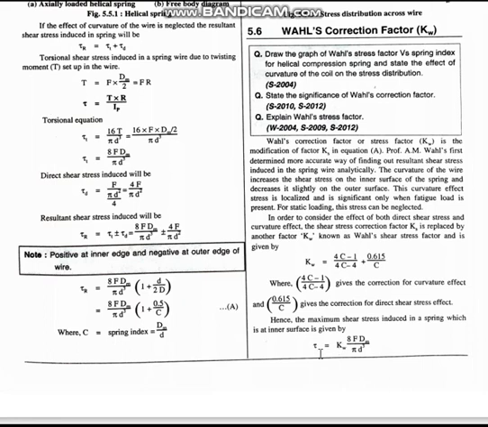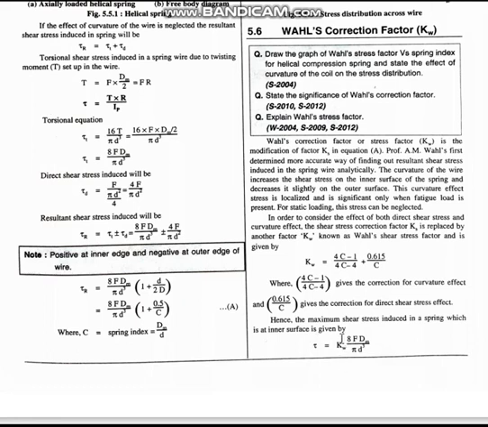Otherwise, finally what you have to remember is this formula and this formula and this formula, because for finding out Kw you have to know this. What is C? C is the spring index. Now what are these different things? Tau is the final resultant shear stress.